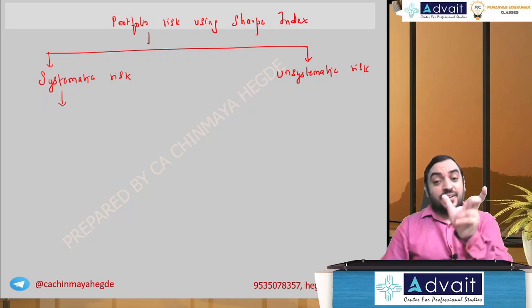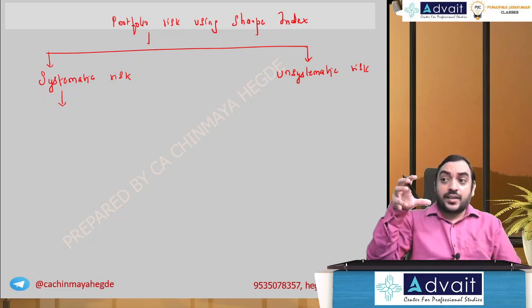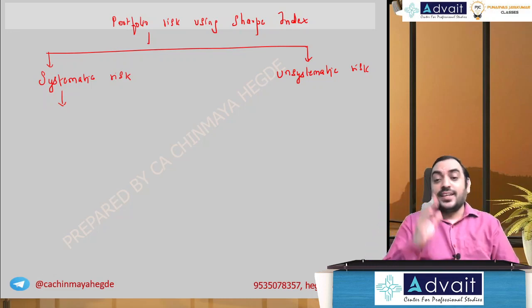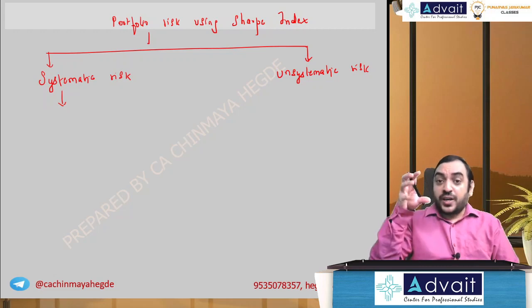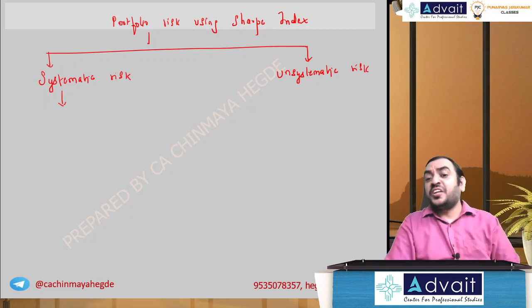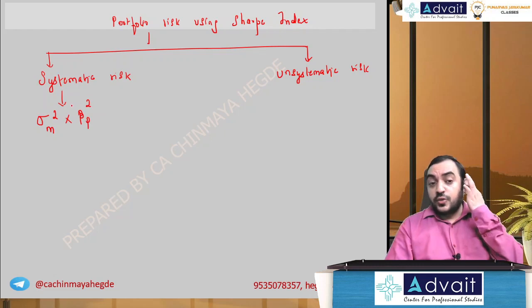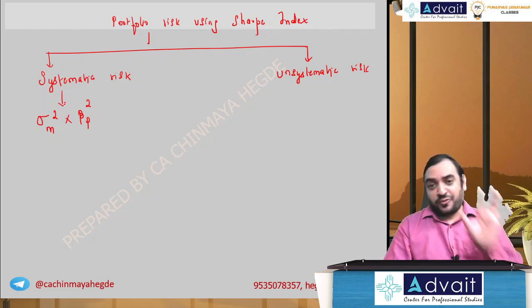What is the parameter which connects the two? We discussed in the basics: to move from market to security, it is beta. In fact, beta square, because we will be using variance. Similarly, from the market to come to the portfolio systematic risk, we multiply by beta of the portfolio. That is, market risk, sigma m square, multiplied by beta of portfolio square. This will give me the systematic risk of the portfolio.